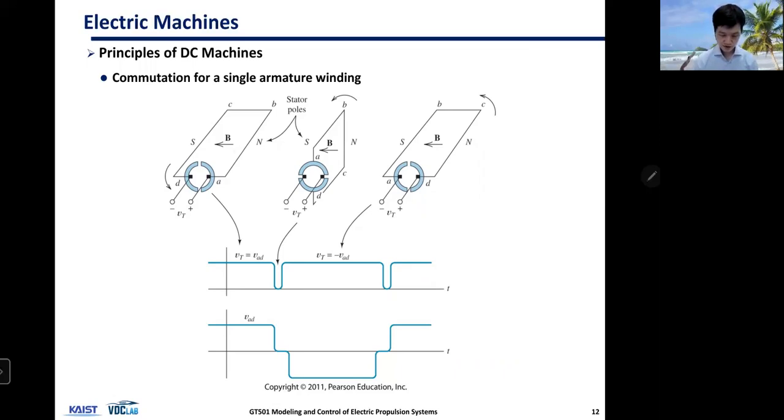Let's say there is this magnetic field that's generated by the stator, and within that field, this is a rotor winding, and here's a brush, and here is some DC power source.